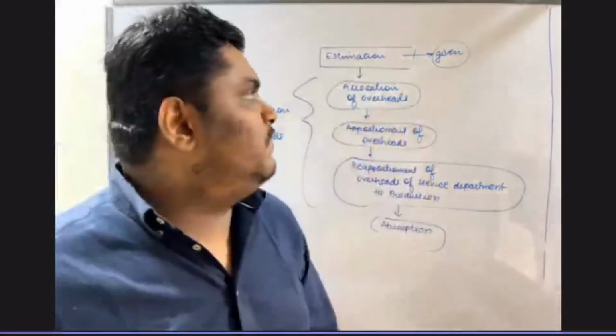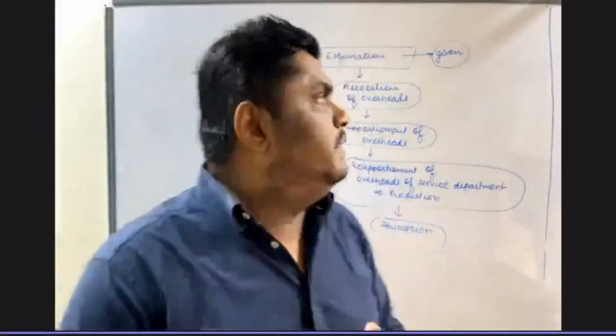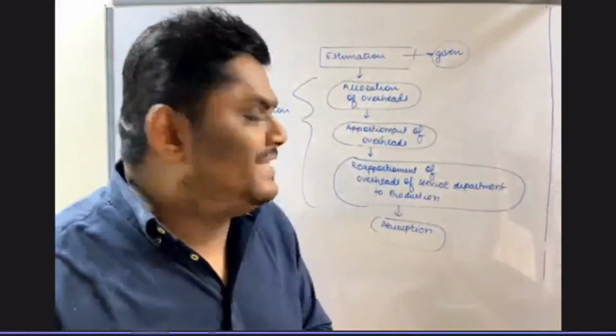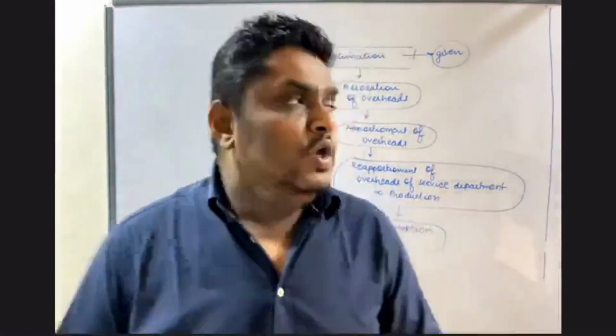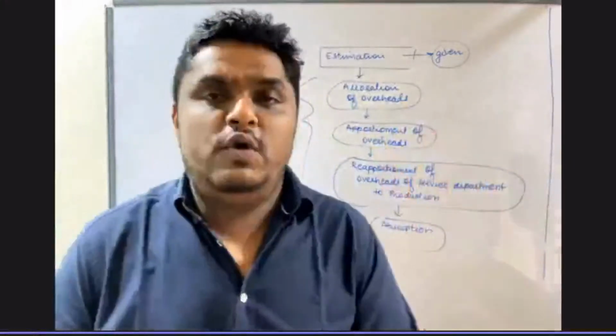So these are the various stages of distribution and absorption of overhead. That is estimation of overhead. This information will always be given in the question, that what all overheads are incurred. Thereafter allocation, apportionment, reapportionment of overheads, and then last is absorption. So we'll be discussing these points one by one. I request you guys to please copy this part.